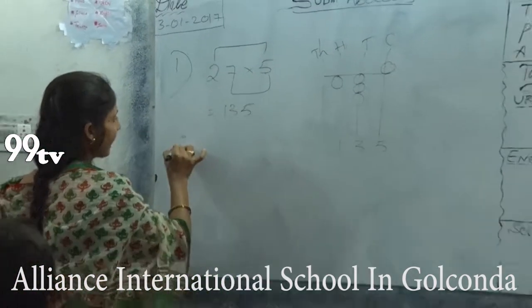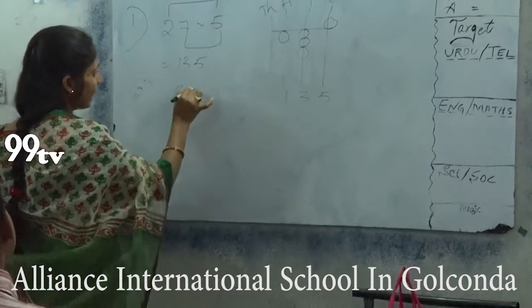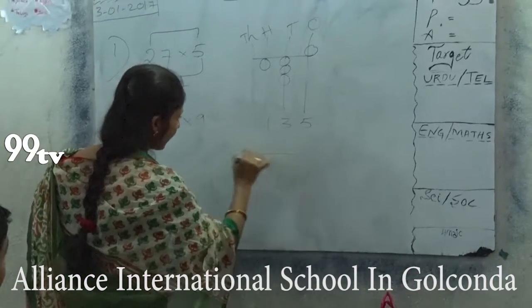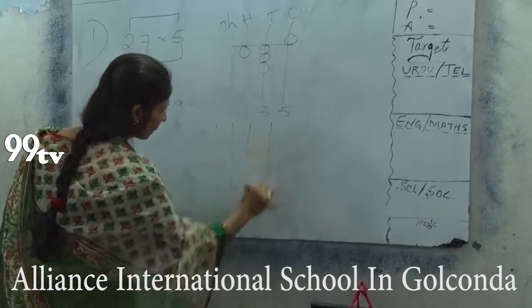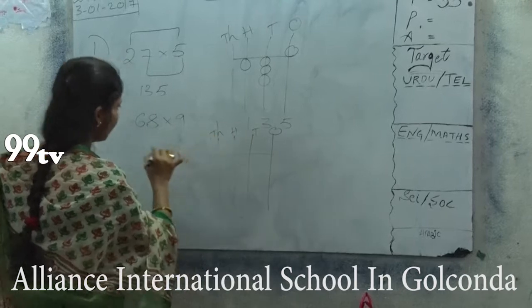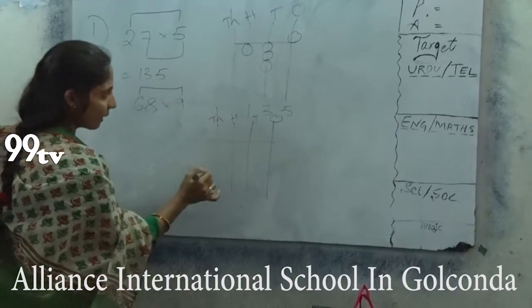Next, second question. 68 into 9. See here. 1, 10, 100, 1000. Okay, 6 9s are 54.